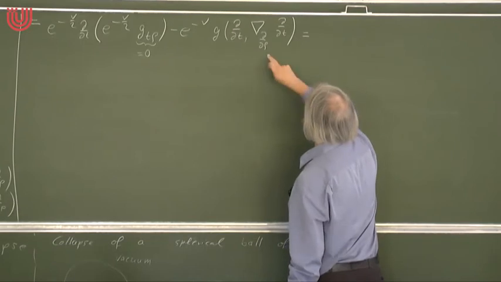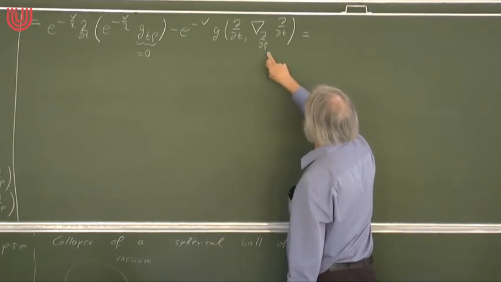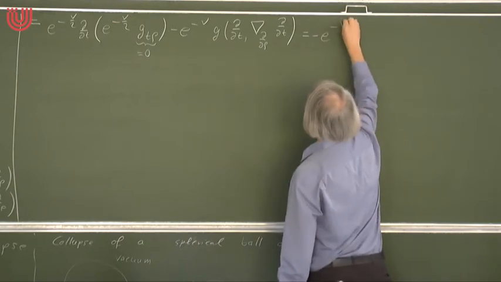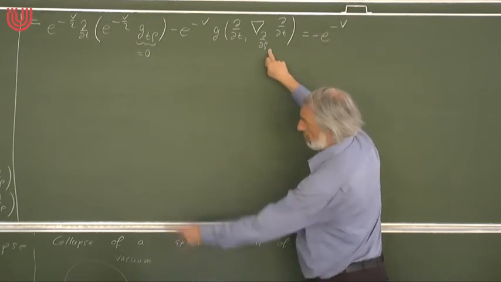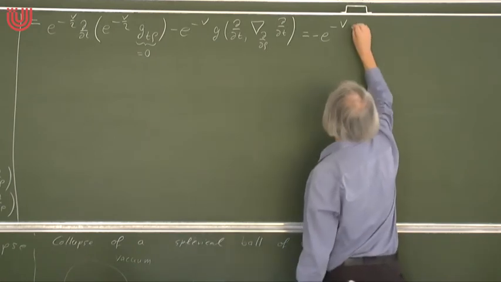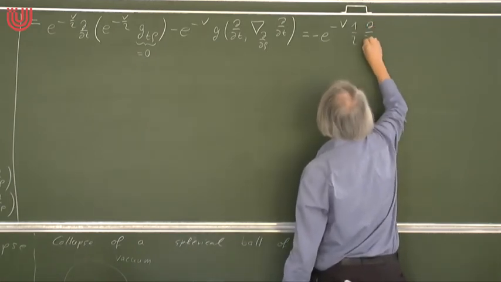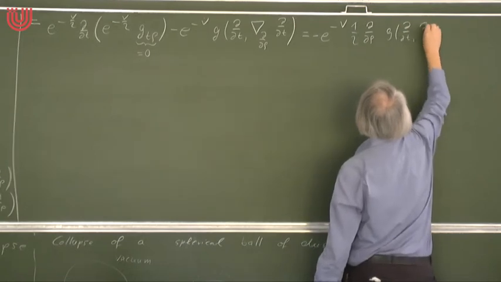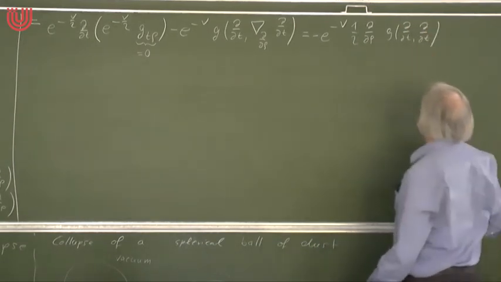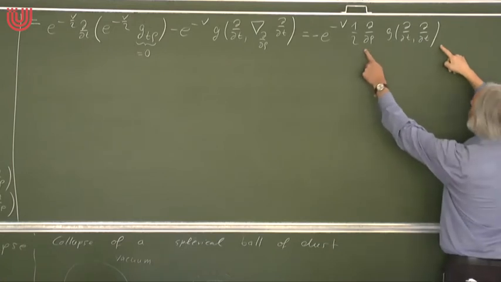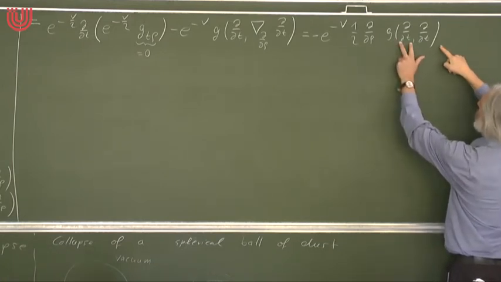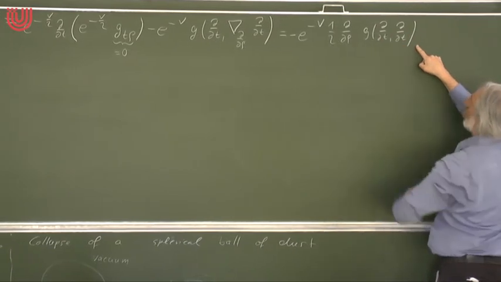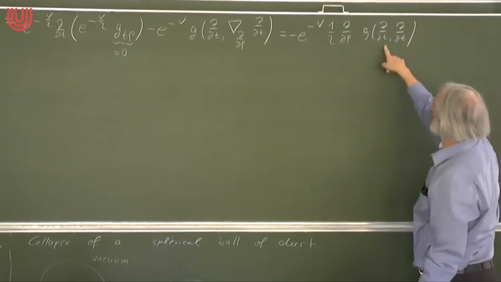What do we do with the second term? We use again the compatibility of the derivative and the metric. If I use the same kind of product rule, I get 1/2 d by d rho of g of d by dt, d by dt. If you calculate this expression, you get once the derivative of this term and once the derivative of this term. But because the metric is symmetric, this gives 2 times the same term.